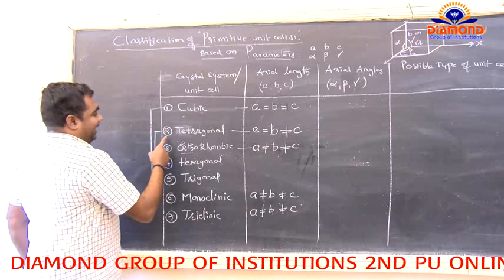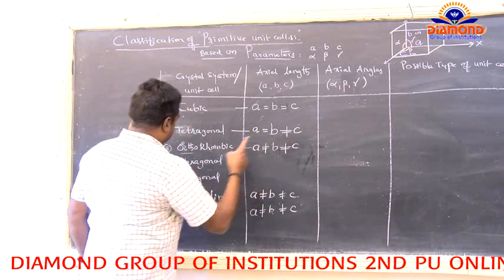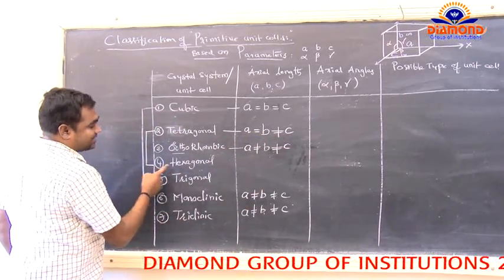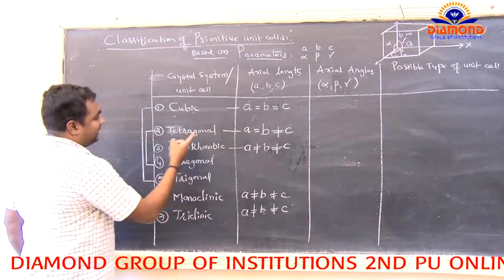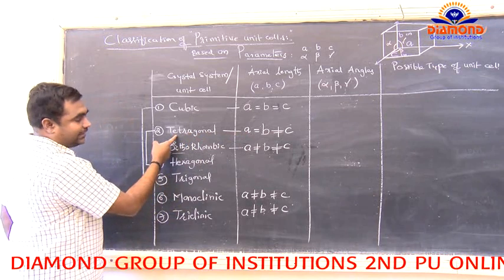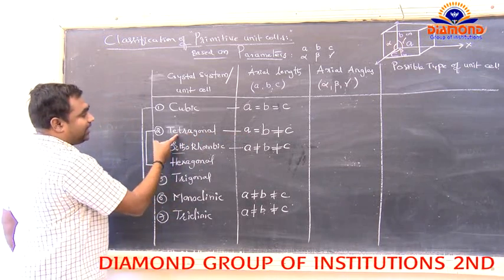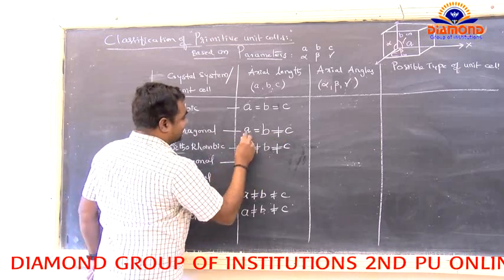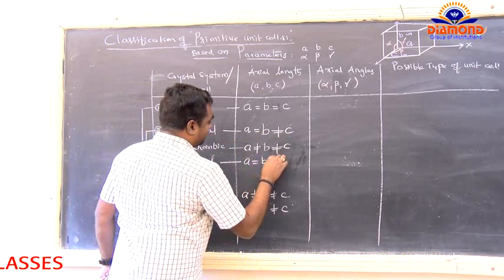That means in the second case we got a is equal to b not equal to c, whereas in the fourth case the hexagonal has the same dimensions as the tetragonal. So the hexagonal and tetragonal have the same dimensions. This means hexagonal belongs to a is equal to b, again not equal to c.